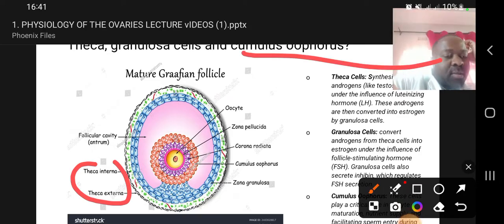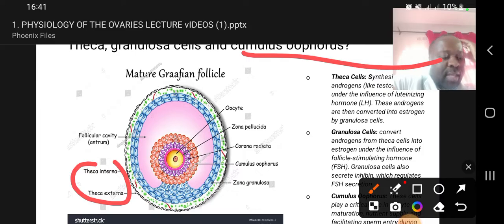The theca cells are found in the outer layer of the follicle. They play a crucial role in the synthesis of androgens, like testosterone, under the influence of LH, luteinizing hormone.